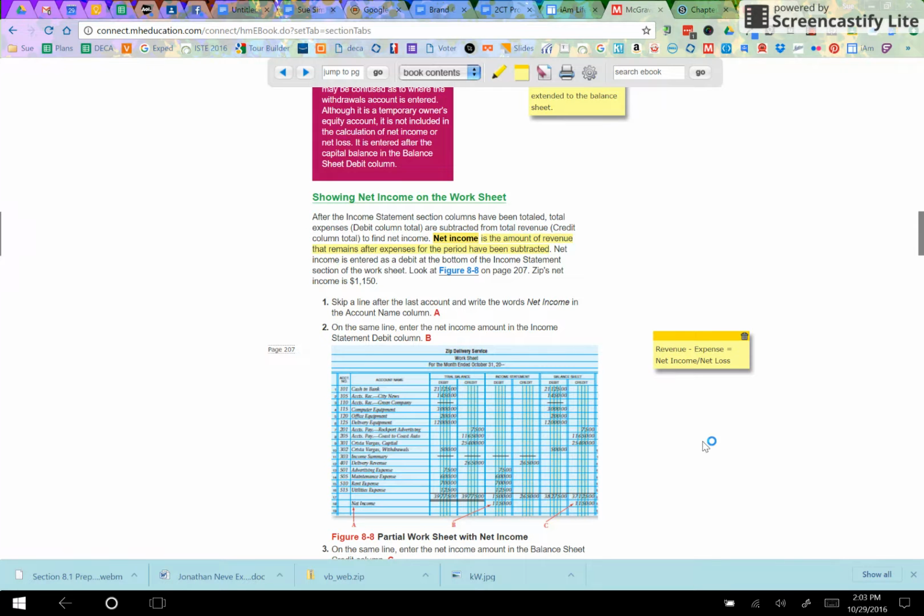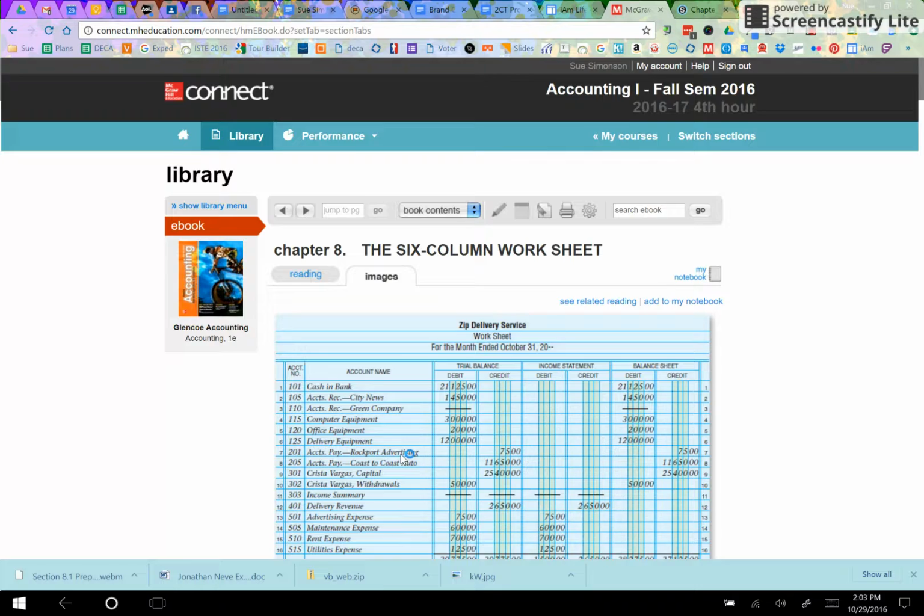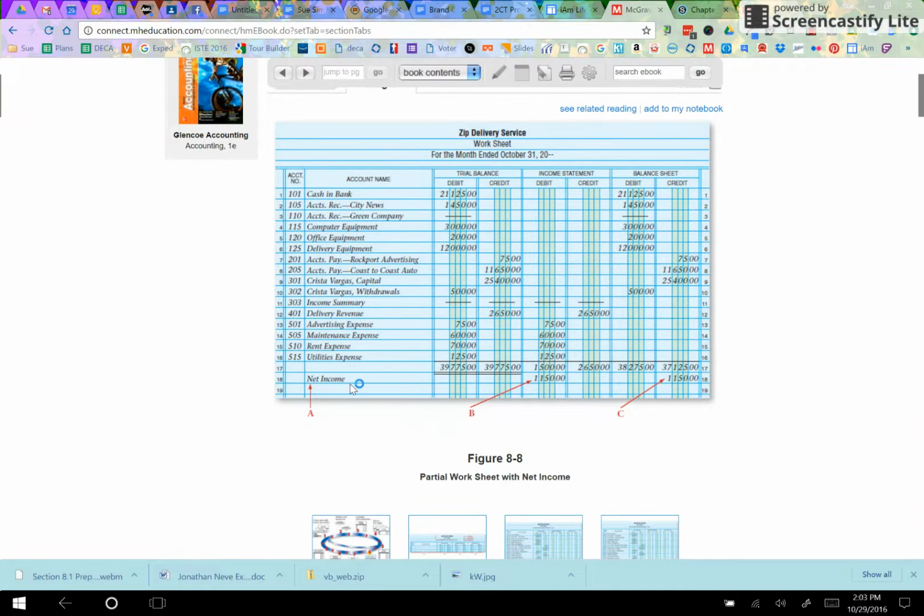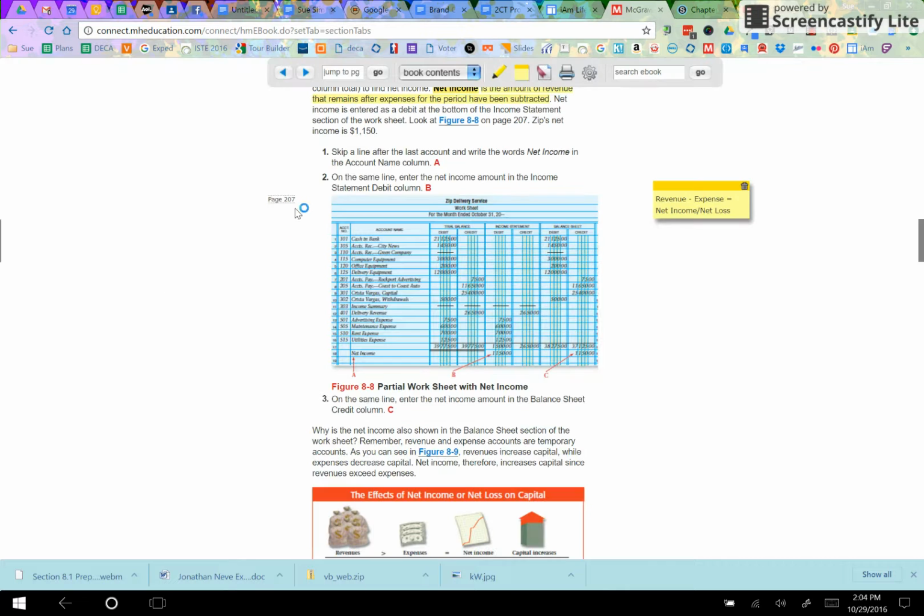So the steps to do that are, we've drawn our single line across here. The first thing we do is we skip a line and we write our net income. The second thing we do is we take total revenue minus total expenses.